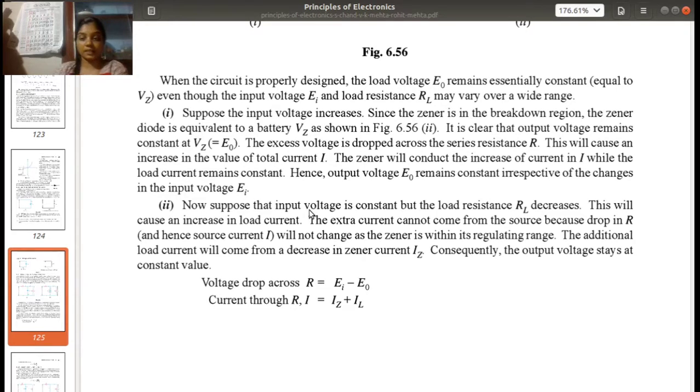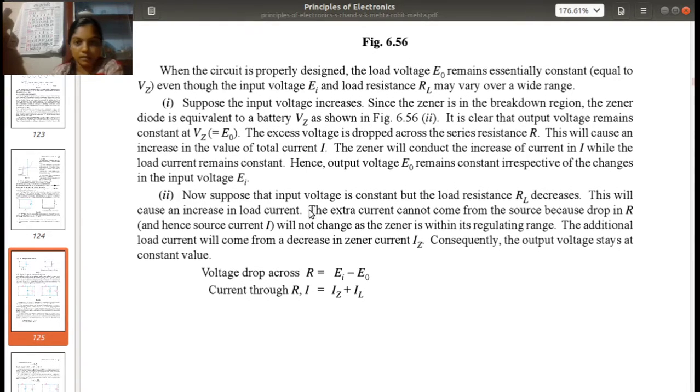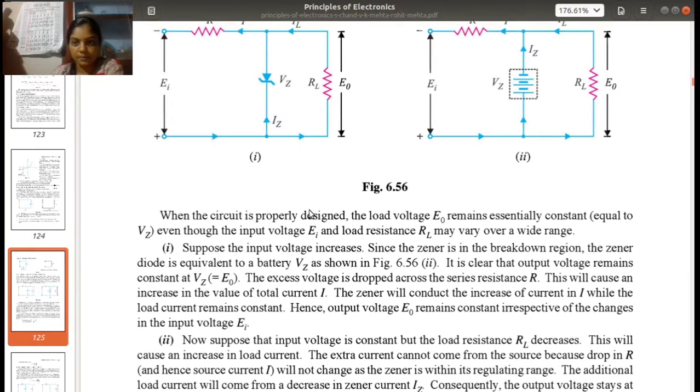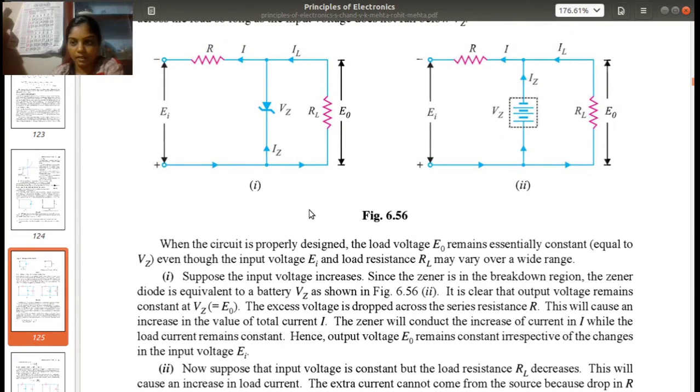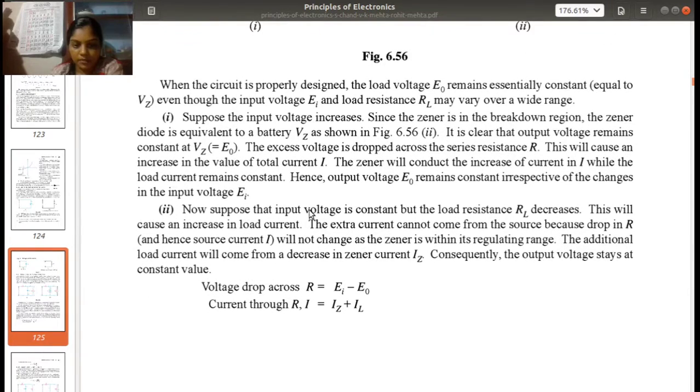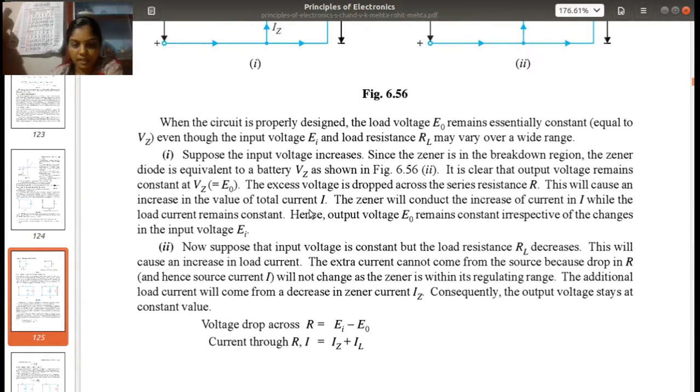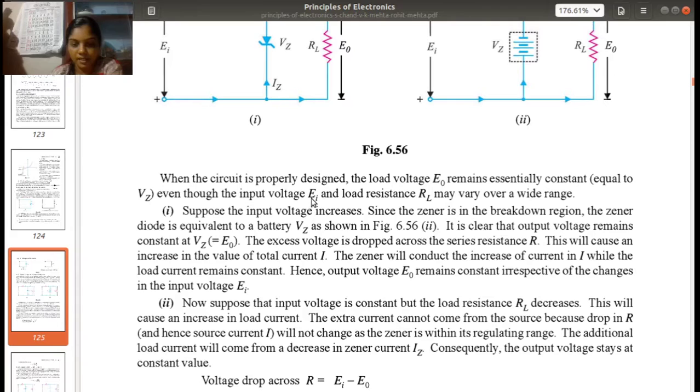It always regulates the voltage, so no change will affect the output voltage. This is how the stabilization process occurs.